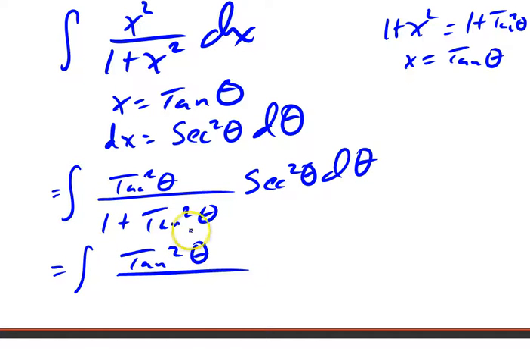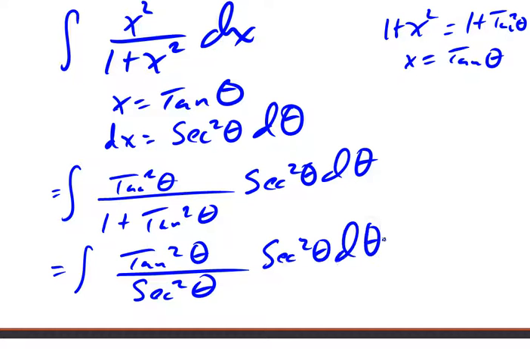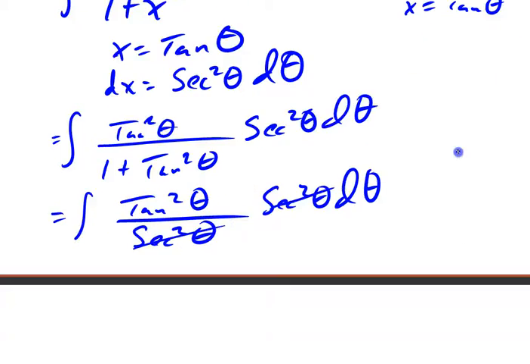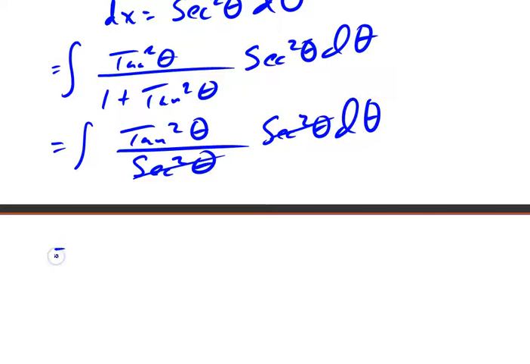The whole point of choosing the 1 plus tangent squared is that it's equal to secant squared theta. We chose the tangent to make this look nice. Then multiplying by the secant squared theta d theta, that was the dx, that came in from there. Secant squareds cancel out.